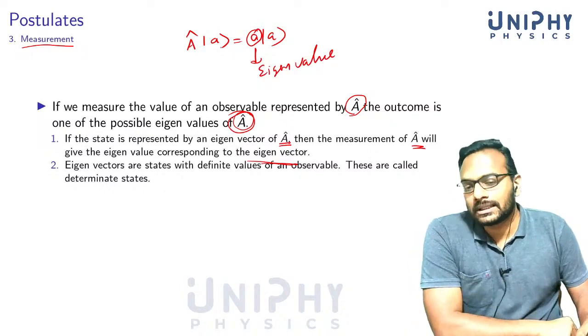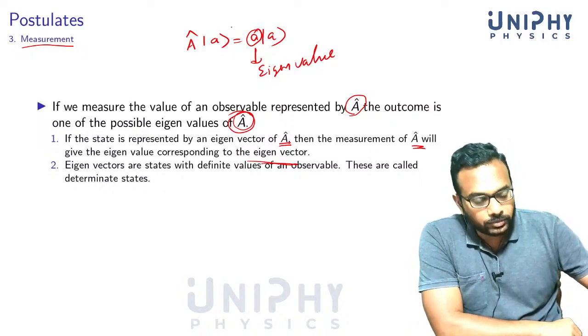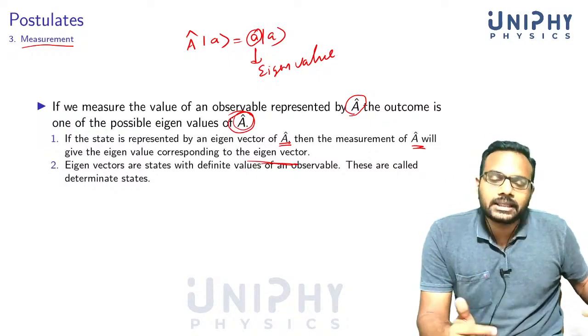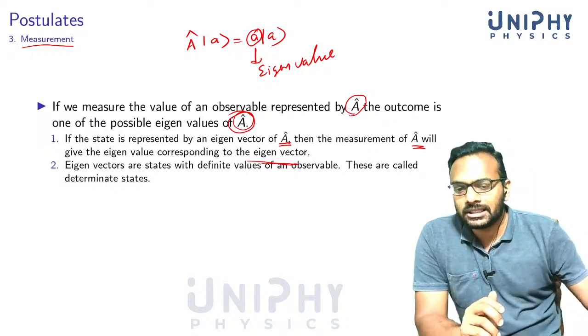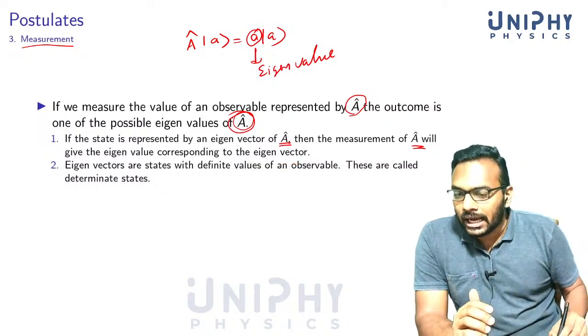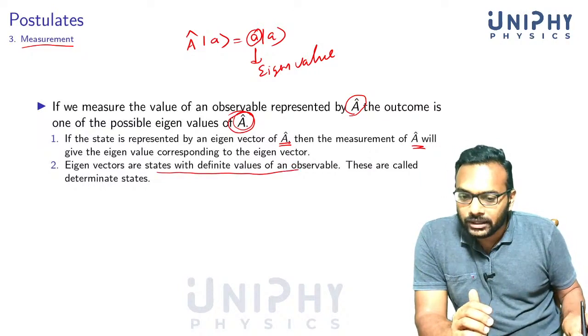Is that clear? If the state is an eigenvector of the observable that you want to measure, then you get the corresponding eigenvalue when you make the measurement. There is no problem here. These are known as determinate states. Eigenvectors are states with definite values of an observable.